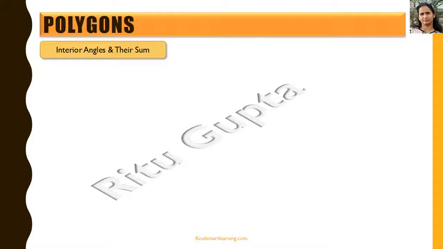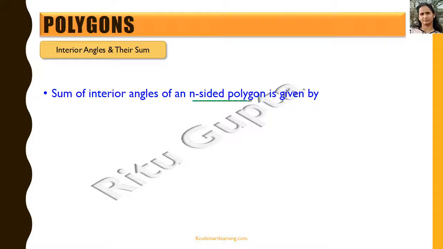So now let's see how we actually find out the interior angles of any polygon. We have a formula which can be used for finding the sum of interior angles for an n-sided polygon, and that is (n minus 2) into 180. And how we come to this is very simple, because as we just saw, the number of triangles that will be used to form this polygon will always be n minus 2.